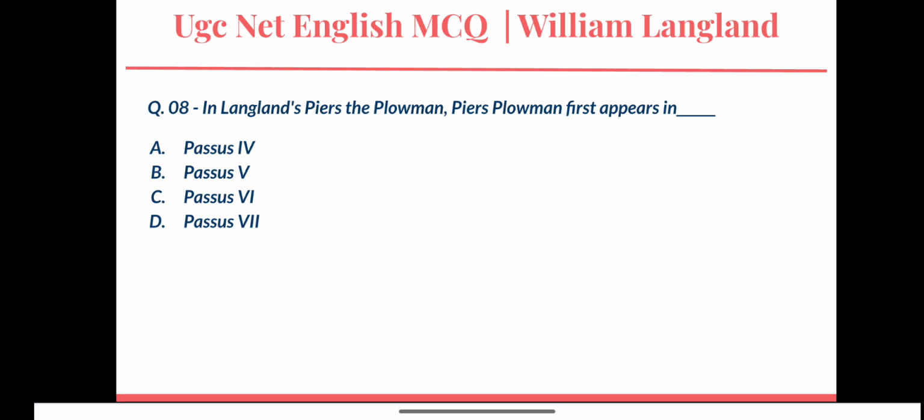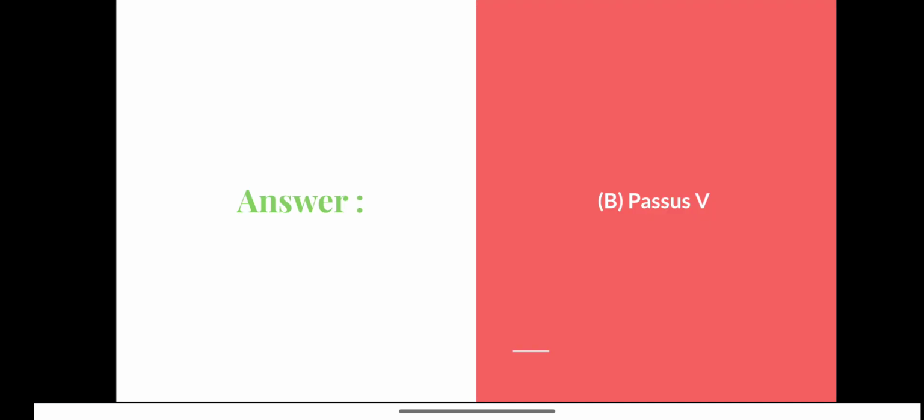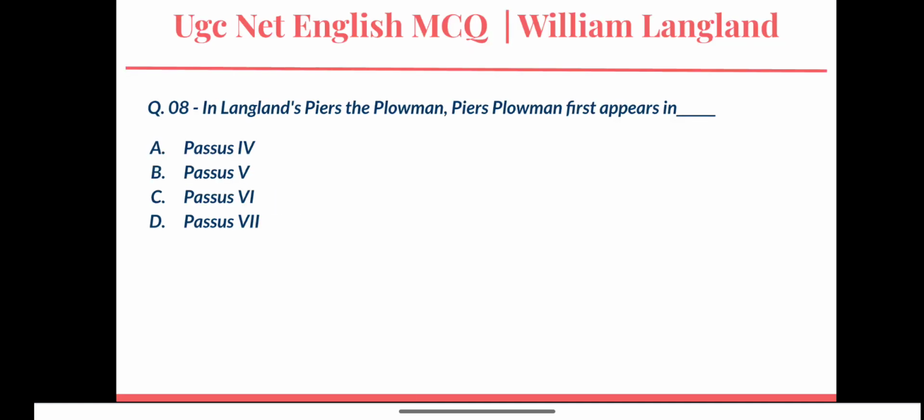Option A is passus 4, option B passus 5, option C passus 6, or option D passus 7. So the right answer to this question is option B, passus 5. So the character Piers the Plowman appears in passus 5 of the book named Piers the Plowman, or the Visions of Piers the Plowman. Okay.